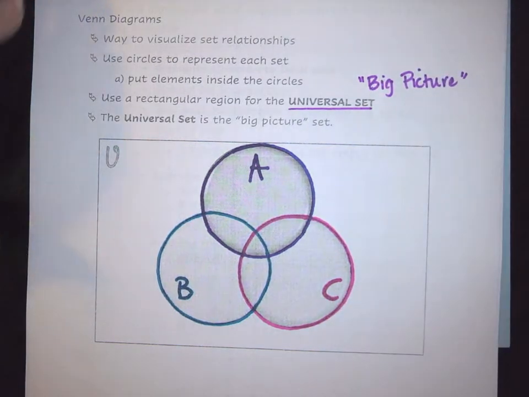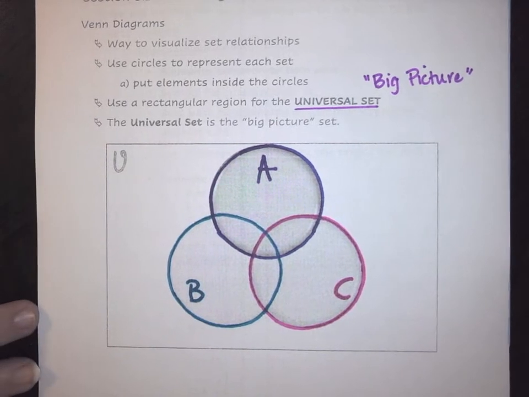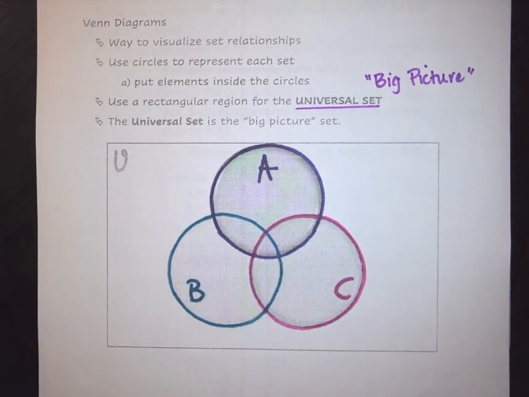For example, a universal set might be all the continents in the world, whereas the subset of that might be the countries in Africa. So your big picture is the big giant overarching idea.